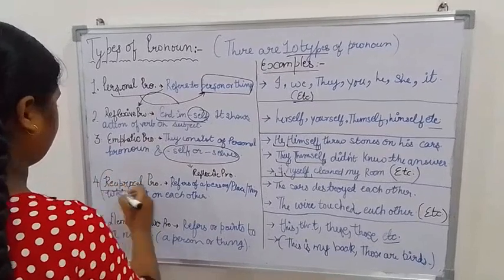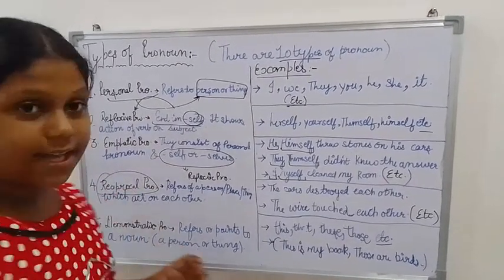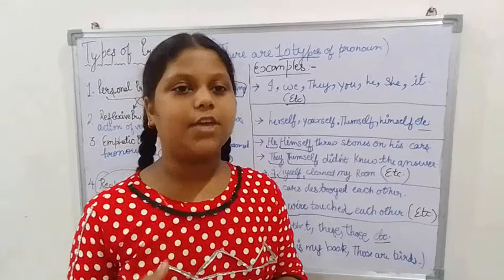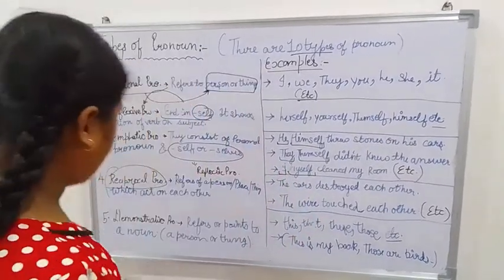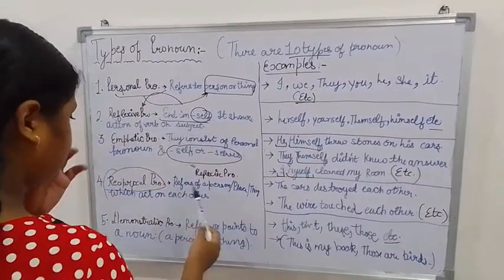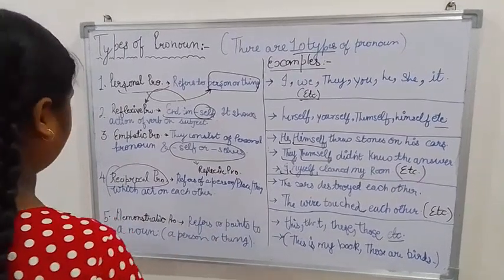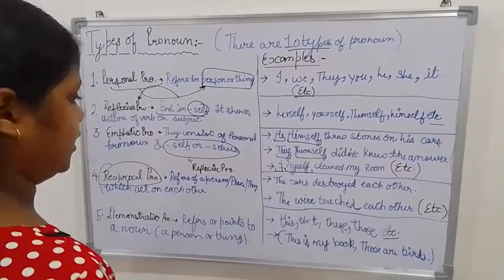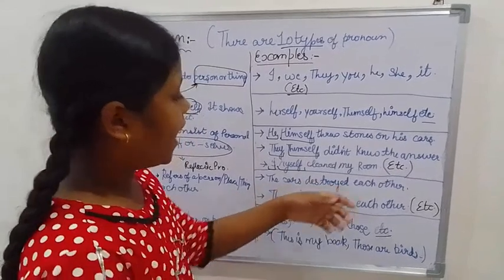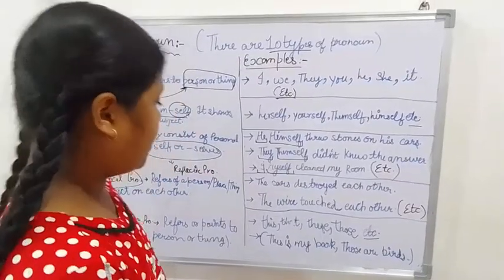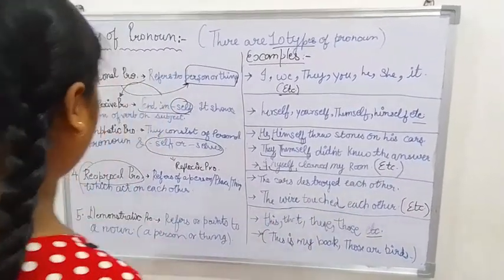Now, reciprocal pronoun. As the name describes, you know very well what reciprocal is. It refers to a person or a place or a thing which acts on each other. For example, the cars destroyed each other.